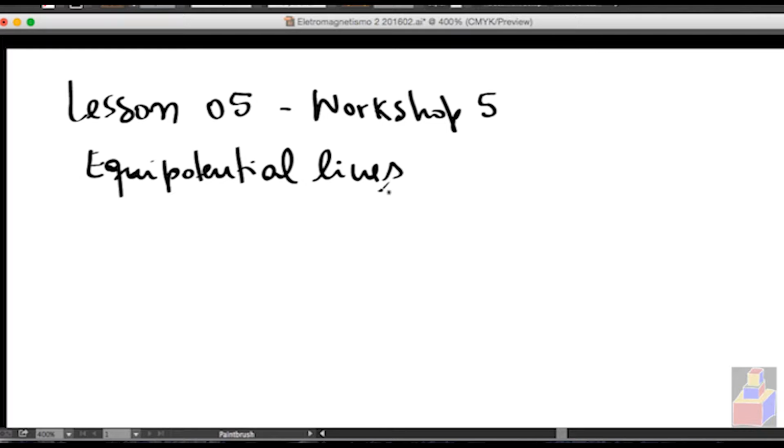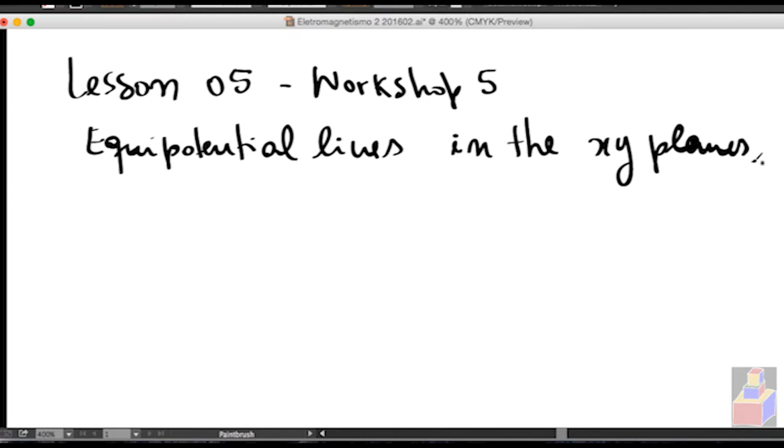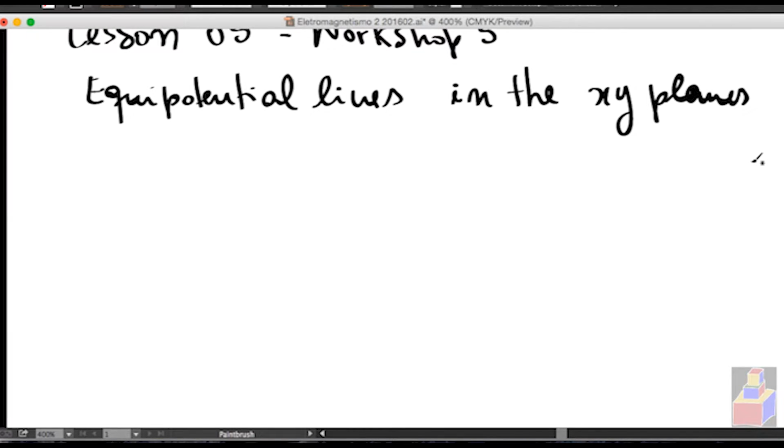Of a set of any point charges in the plane. In these simulations, we're going to make these equipotential lines in the XY plane. And you guys have already seen this before in workshop number 3.